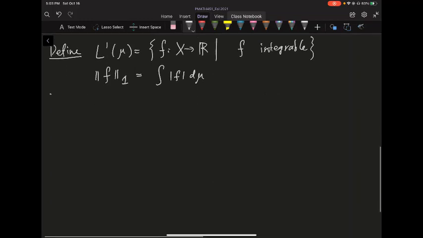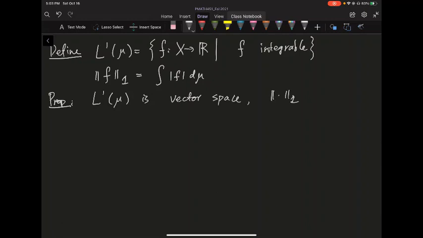Okay, so here is the proposition. This L1 of mu is actually a vector space. And moreover, this one norm we just defined is actually not a norm, but a semi-norm. I know Ken's course notes call it a pseudo-norm. They're the same thing. So what does it mean to be a semi-norm? It basically satisfies the following.